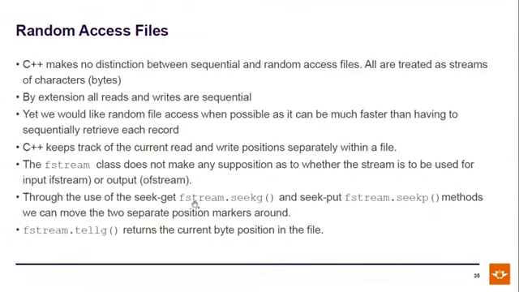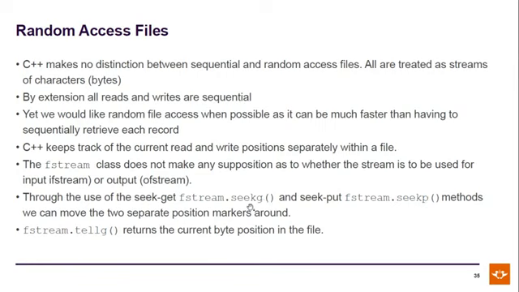Okay, so there are actually two kinds of pointers. I actually confused this with the tellg function. There's the get pointer, and there's the put pointer. The get pointer is for reading, and the put pointer is for writing.